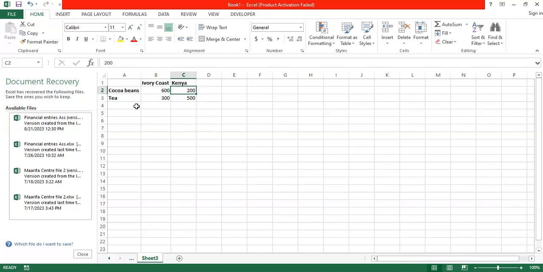Then Ivory Coast has absolute disadvantage on tea. All right, tea for Ivory Coast is an absolute disadvantage. Now I would need to know how you got about your solutions.